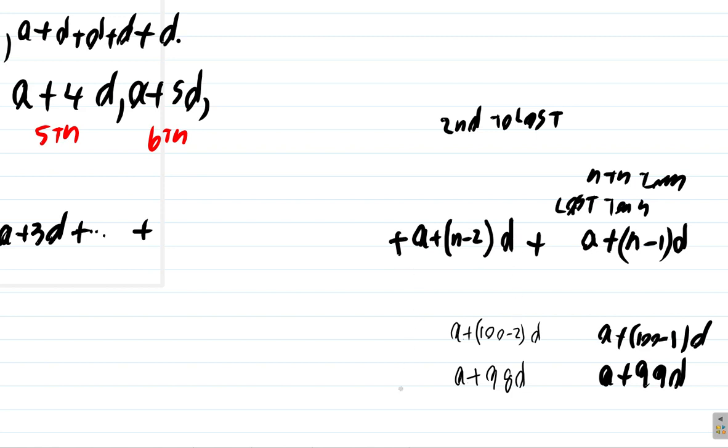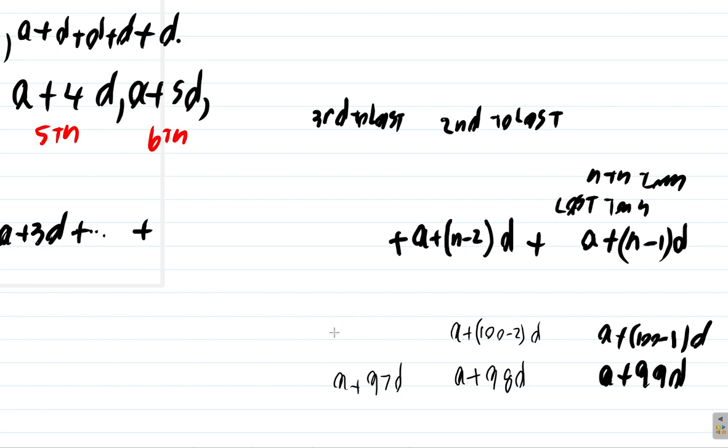Plus, what would be our third to last term? Alright. If we had our last term as our 100th term, it would be 100 minus 1d, which would be 99d. Our second to last term would be a plus 98d. Our third to last term would be a plus 97d.